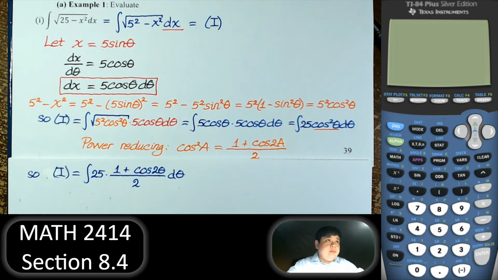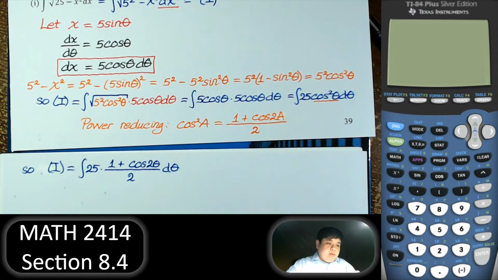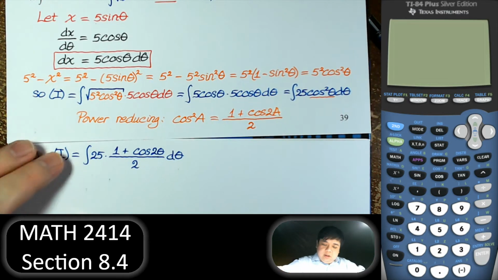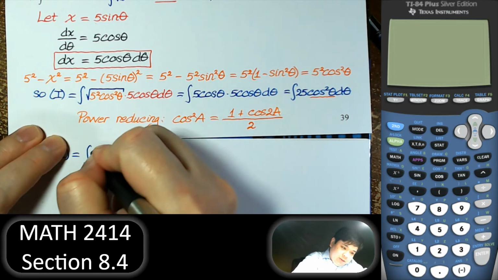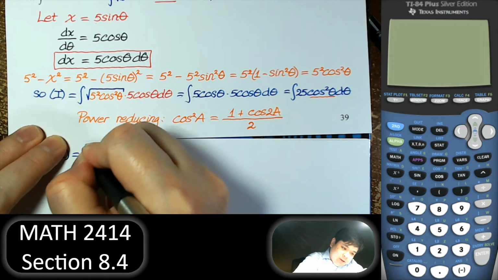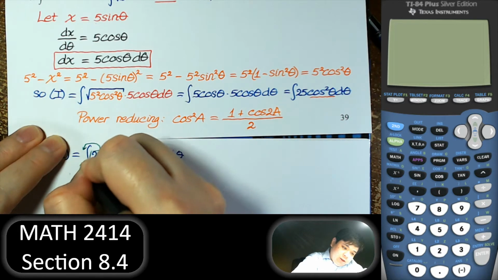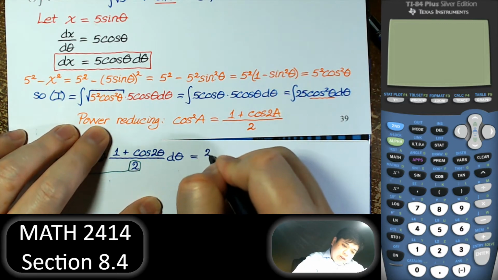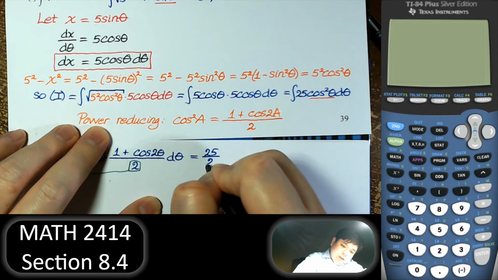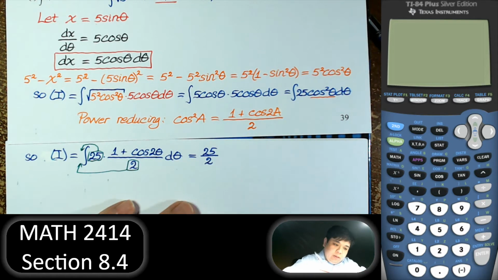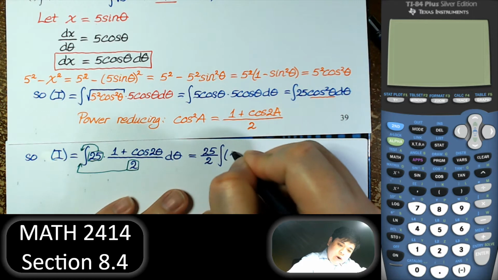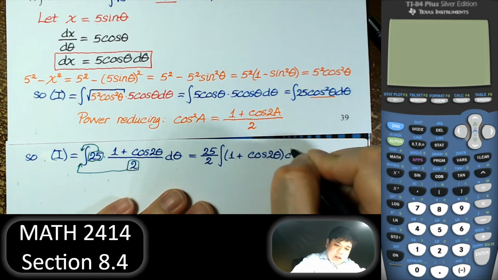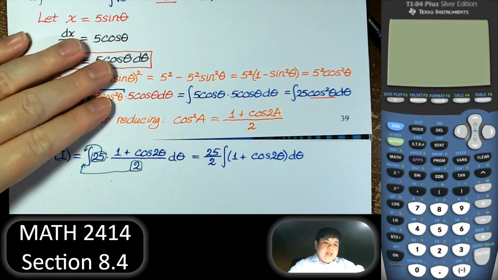Now, the 25 and the 2 are constants. We'll take them outside of the integral. So 25 over 2, the integral of 1 plus cosine of 2 theta d theta. Now the integral of this will be easy.